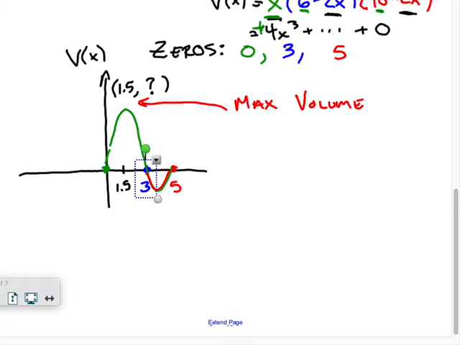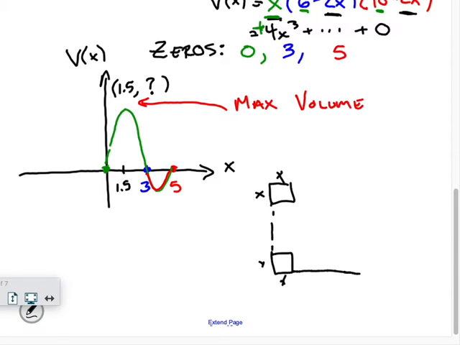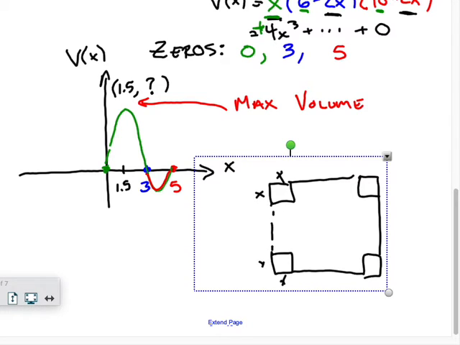Also, anything past this blue point 3. Remember, the x here is the length of the little square we cut off of that big piece of paper. That's what the x is in this function right now.